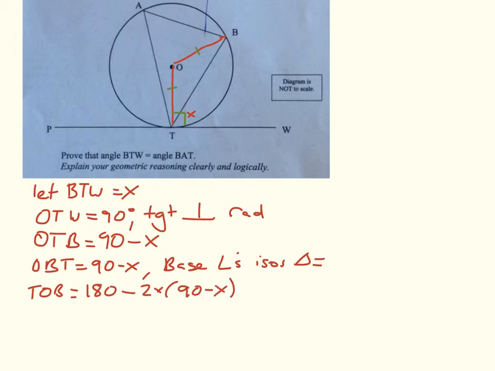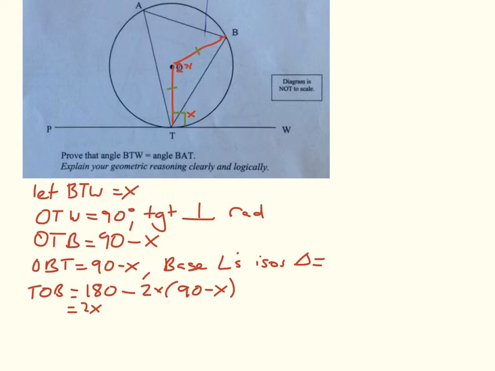If you work this out, negative 2 times 90 is negative 180. So 180 minus 180 would be 0. And negative 2 times negative X would be positive 2X. So that angle in there is 2X.